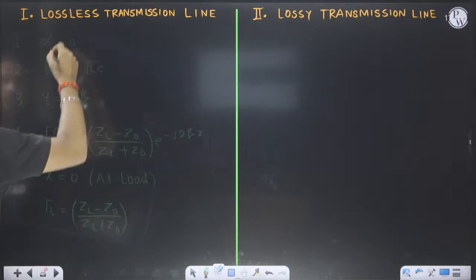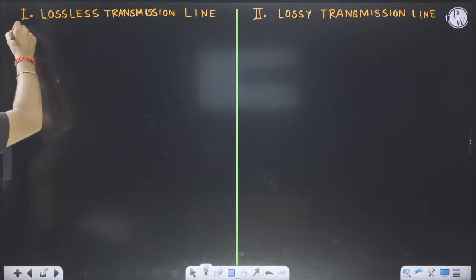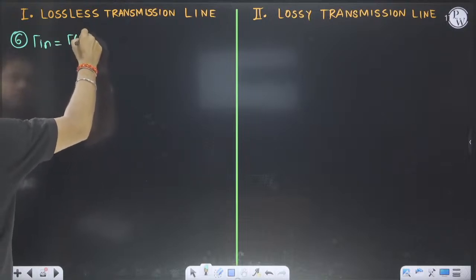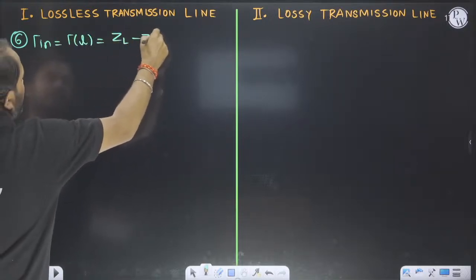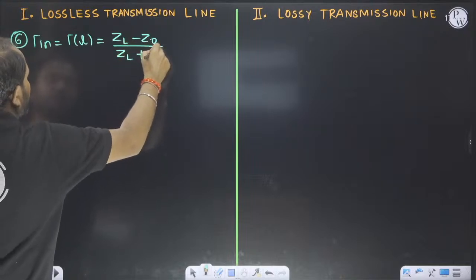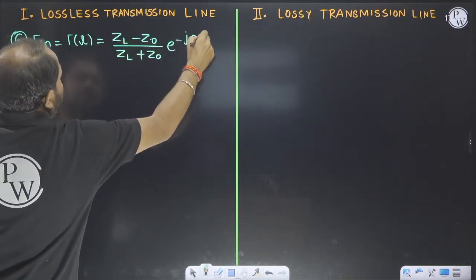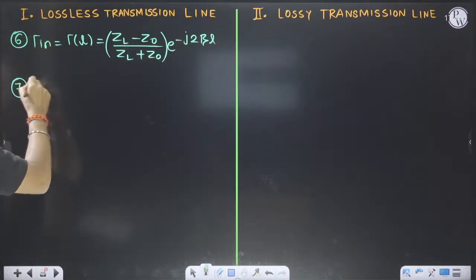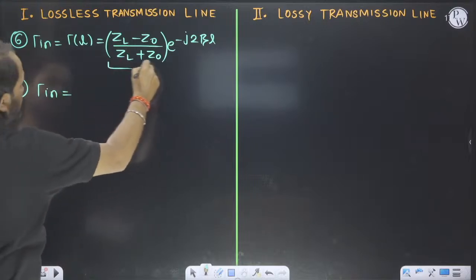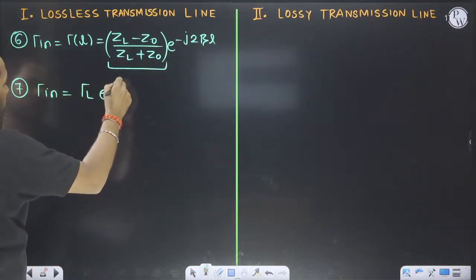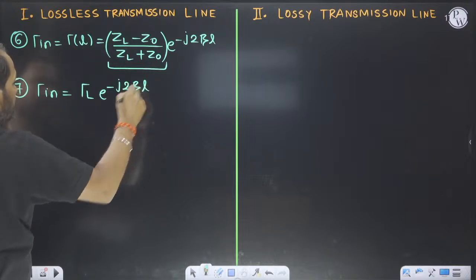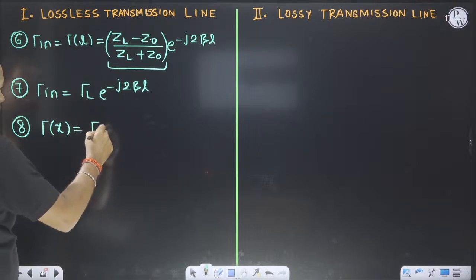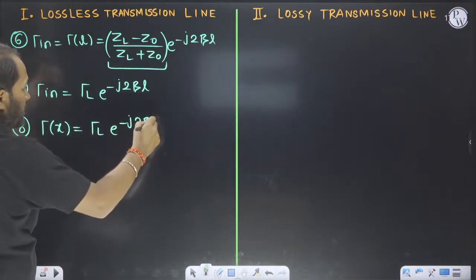The sixth point is input reflection coefficient, that means reflection coefficient at source. That is (ZL minus Z naught) divided by (ZL plus Z naught) and e to the power minus j 2 beta L. So gamma in is equal to gamma L, the reflection coefficient at load, times e to the power minus j 2 beta L. And gamma x would be equal to gamma L e to the power minus j 2 beta x.